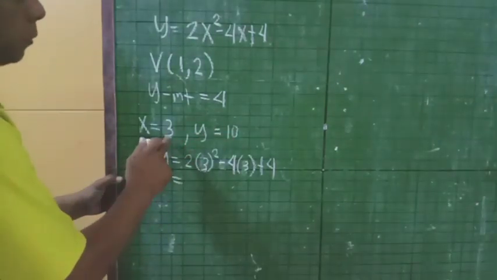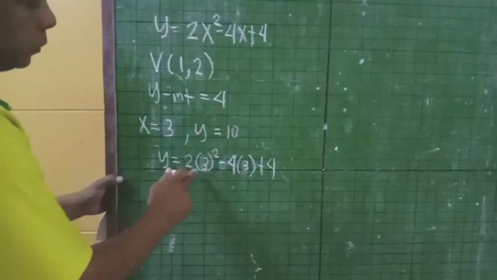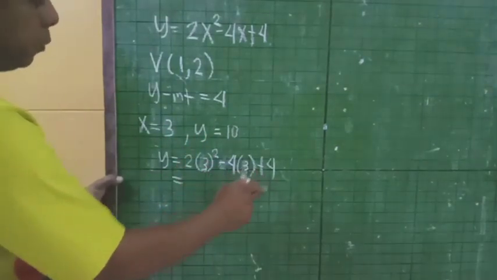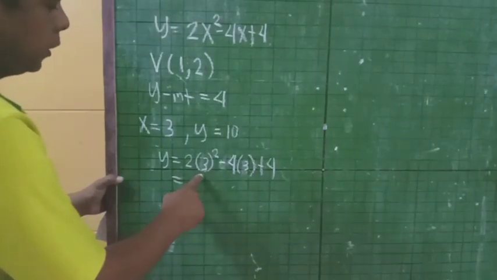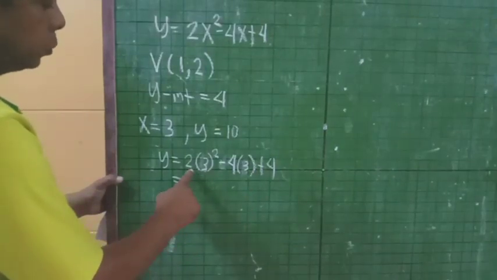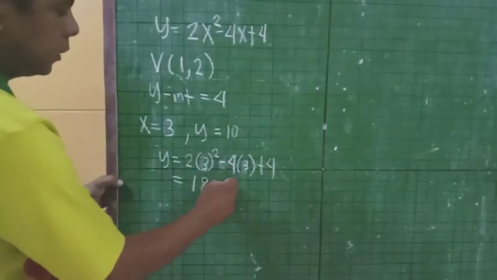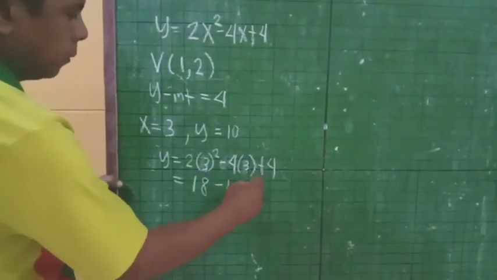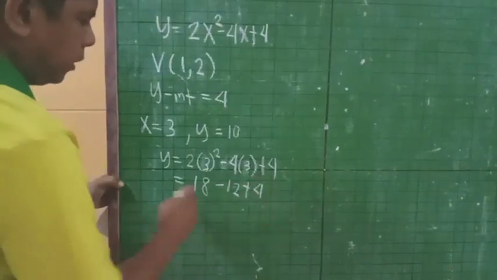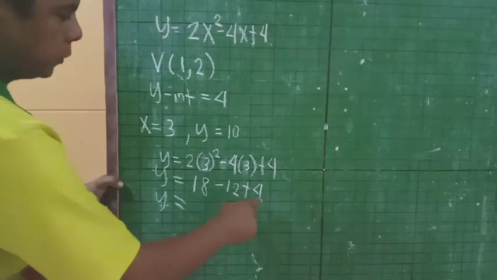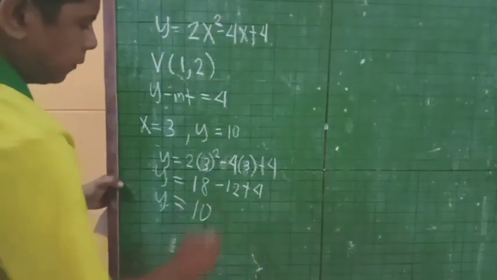Substituting value of x by 3. So, we have 2 times the quantity of 3 squared minus 4 times 3 plus 4. Simplifying, 3 times 3 is 9 times 2 is 18. Negative 4 times 3 is negative 12 plus 4. Simplify. So, 18 minus 12 plus 4, y is 10.